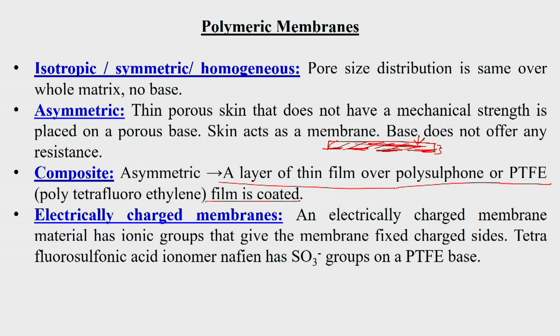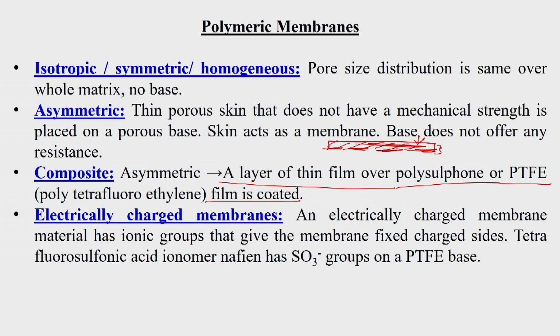But in most cases we get the asymmetric membrane, because whenever we place a few layers one after another, the pore size distribution and porosity will not remain uniform. One advantage of the composite membrane is that it is highly stable in any harsh pH condition. Another type of membrane is the electrically charged membrane.